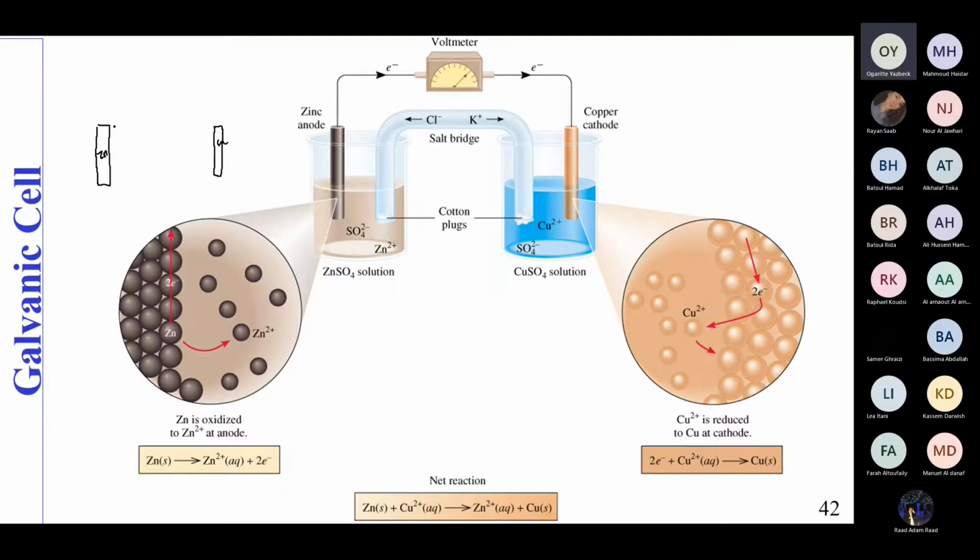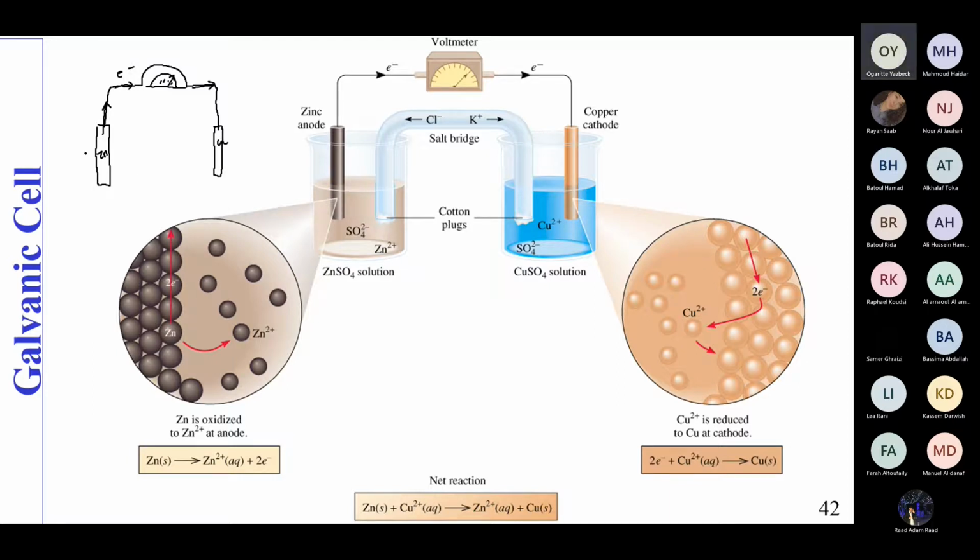These two plates will be connected to some electrical wiring and a voltmeter to actually read how much energy or electron flow there is. The electron flow is what is going to cause the voltmeter to move and give a reading, and then we could measure how much energy is coming out.